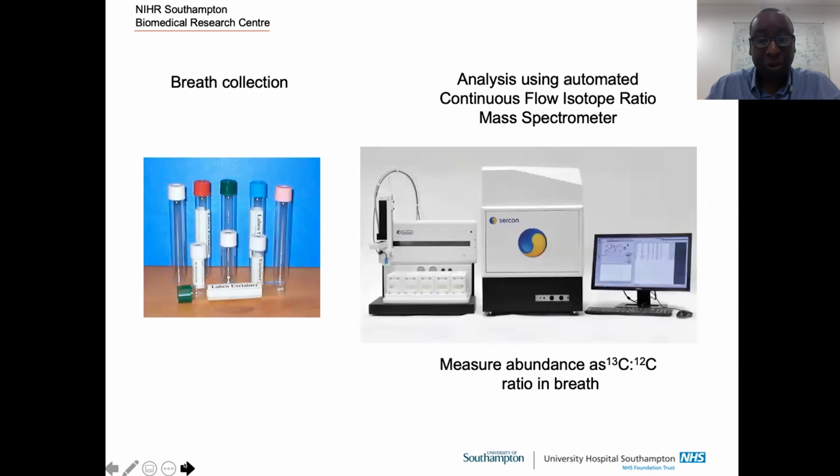So this slide just shows how we collect the breath samples that contain the 13CO2, and to the right of this slide just shows the type of mass spectrometer that we use. So basically, it's an automated system that analyzes the breath samples which we're collecting into the tube, and it measures the abundance, otherwise known as the ratio of carbon 12 to carbon 13, in the breath sample.